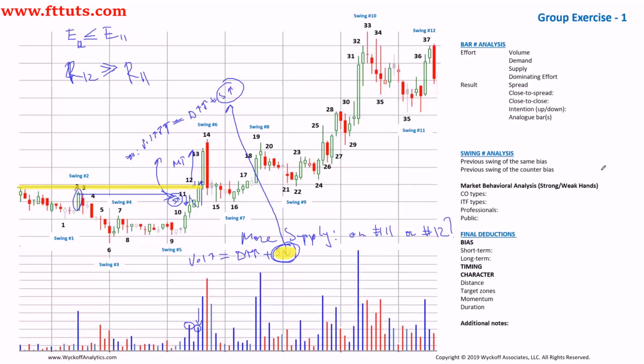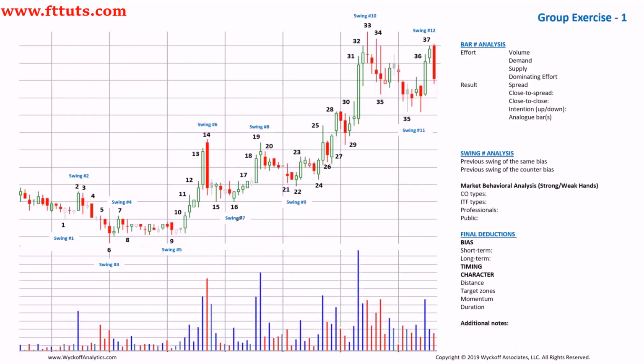Now, everything is so interconnected. Each bar produces some kind of reaction, future reactions from different market participants in a specific way.